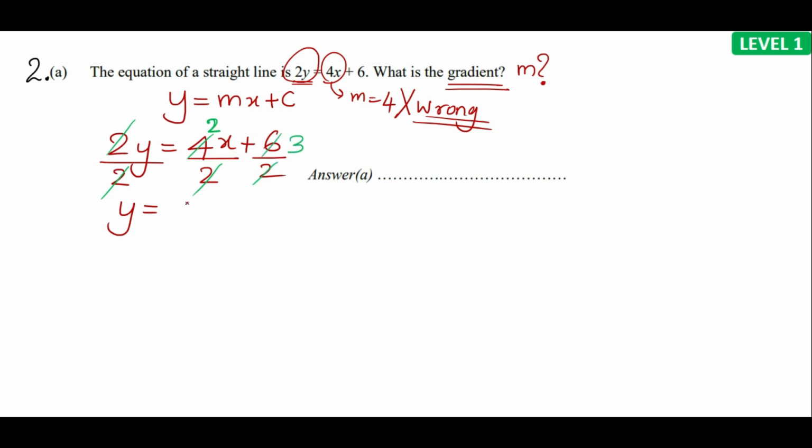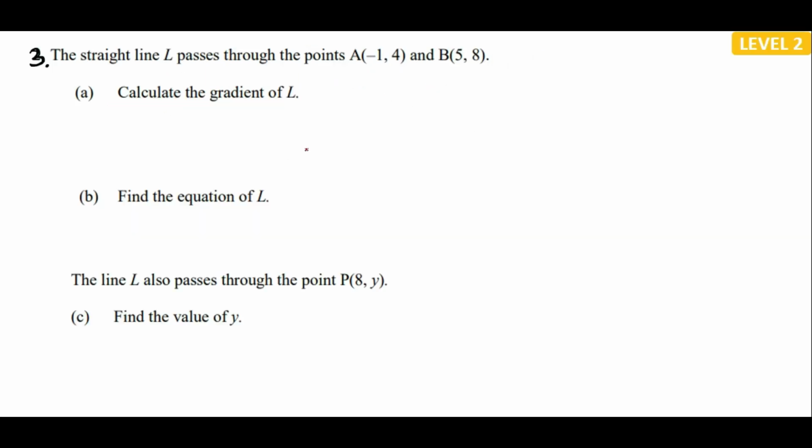Now my equation is 2x plus 3. Now I can compare it with the y equals mx plus c form, and I can see y equals 2x plus c, which is telling me my gradient is equal to 2. Moving on to the next question. Question 3.